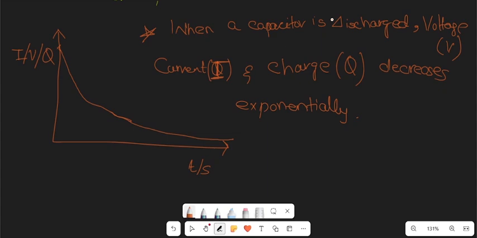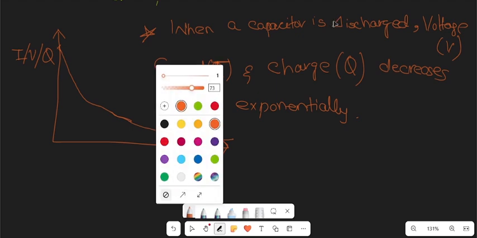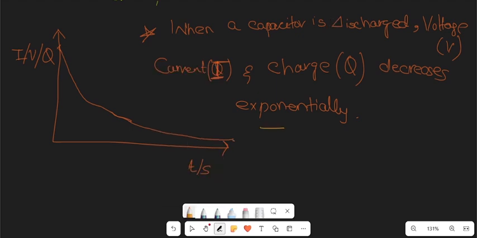And with this, we come towards time constant. What do we mean by time constant? You must have seen this formula. When you talk about time constant, first, let's define what time constant is.